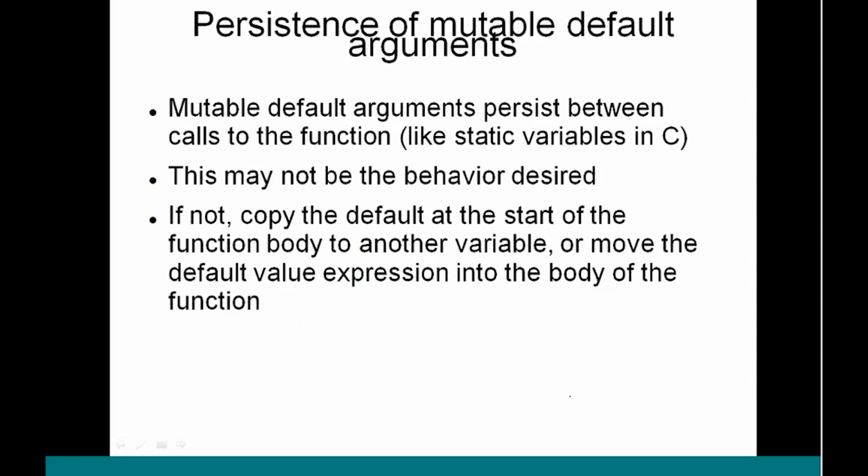So now the persistence of mutable default arguments. The default arguments which are mutable persist between the function calls. So these are like static variables. If they are mutable default arguments, they continue between the function calls. And this may not be the behavior that we want.